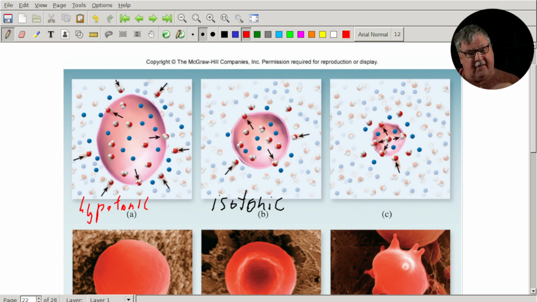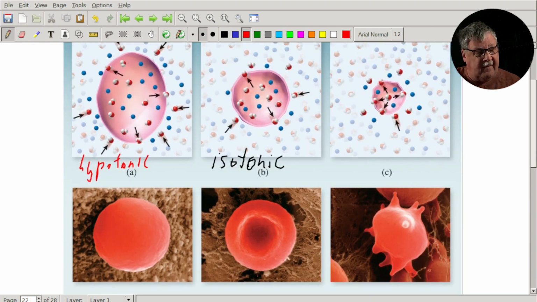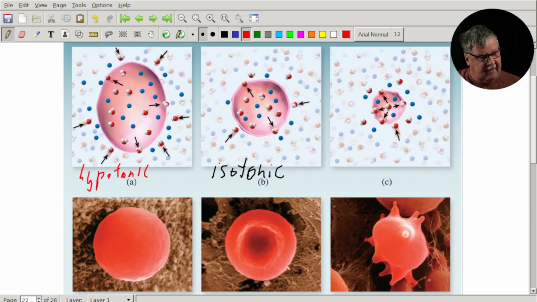And that's going to put pressure inside the cell, and it causes the red blood cell to expand. So hypo, meaning below. And if I do the reverse, if I inject a solution that has a higher concentration, then I create osmotic pressure moving out through the cell membrane, and I can cause a red blood cell to shrivel.